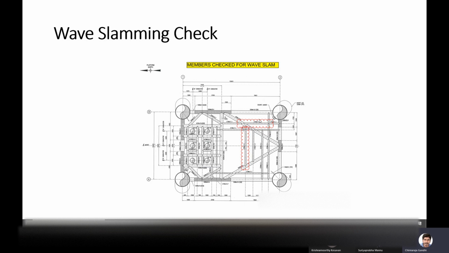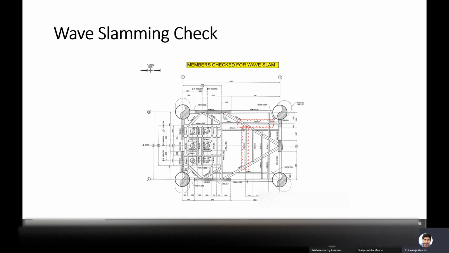And again, why I'm using this member is, from the in-place analysis, suppose there is a member 508 by 19.1 with a 0.99 stress ratio in the in-place condition. Then we have to include this member also for the wave slam check. So 0.99 plus this additional wave slamming force; for that UC we have to combine these and show it is less than 1.